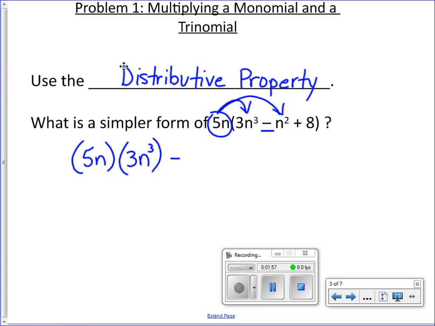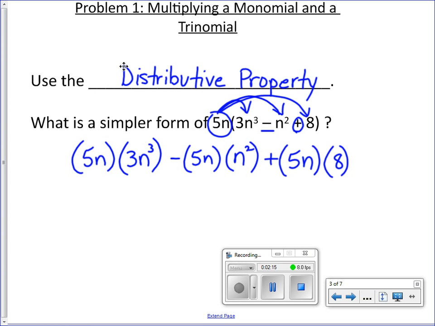So minus 5n times n squared. And then finally, I have a plus 5n times 8.